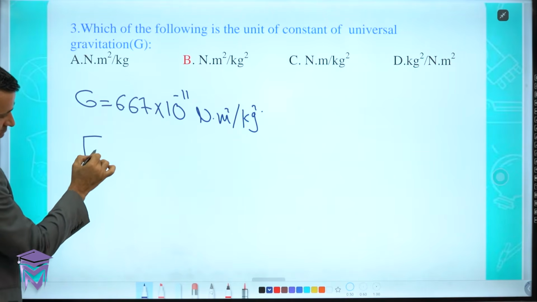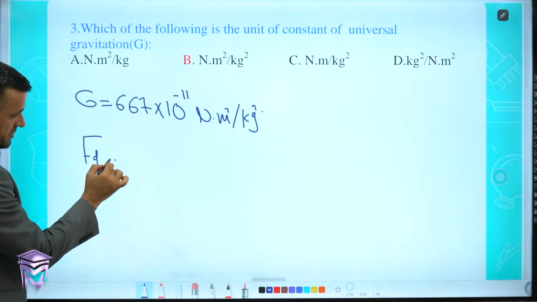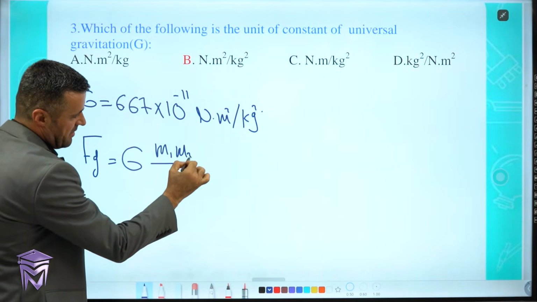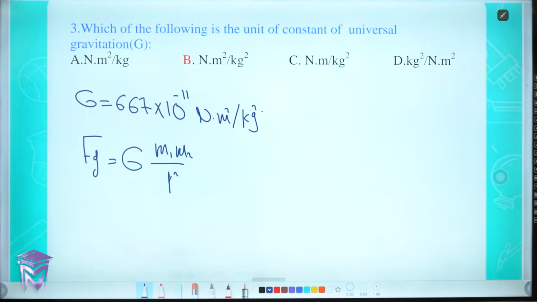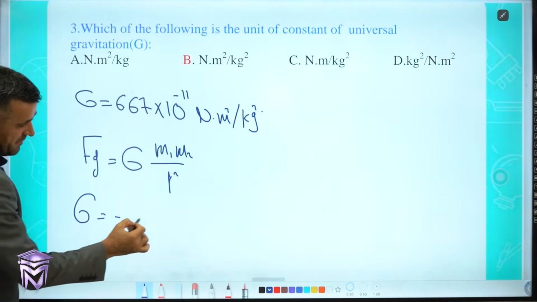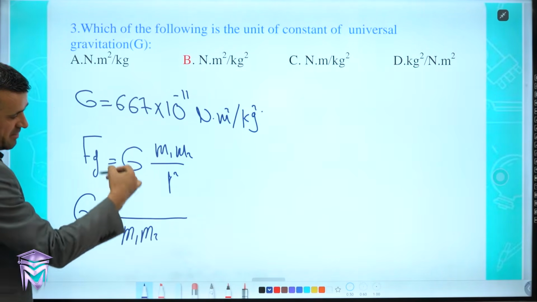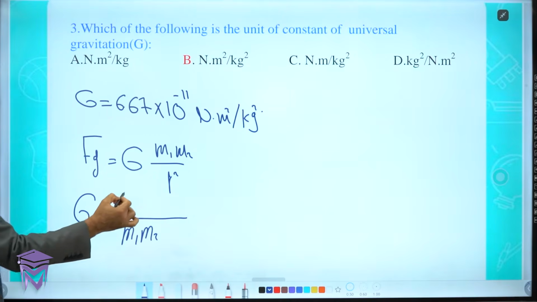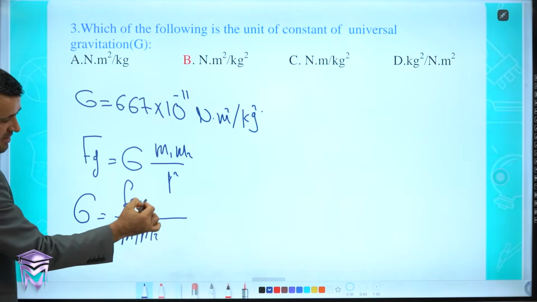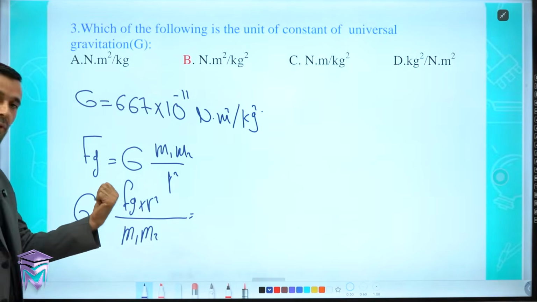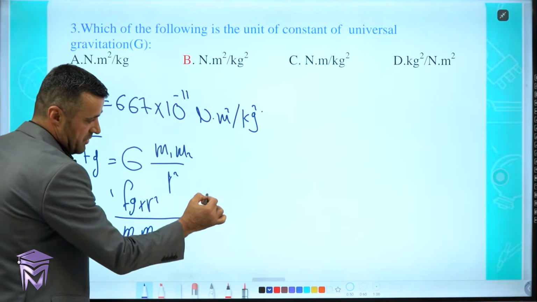Why? Because we know that Fg equals capital G times M1 times M2 over R square. When we want to find capital G, it equals Fg times R square over M1 times M2. We know that the unit of Fg, weight, is Newton.